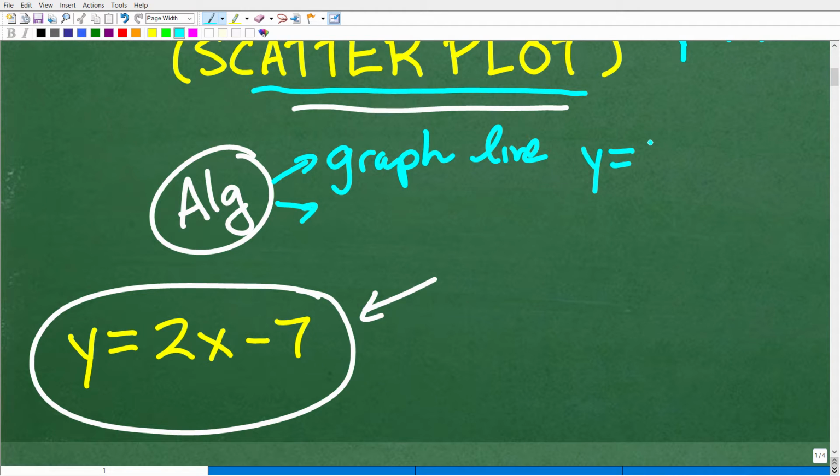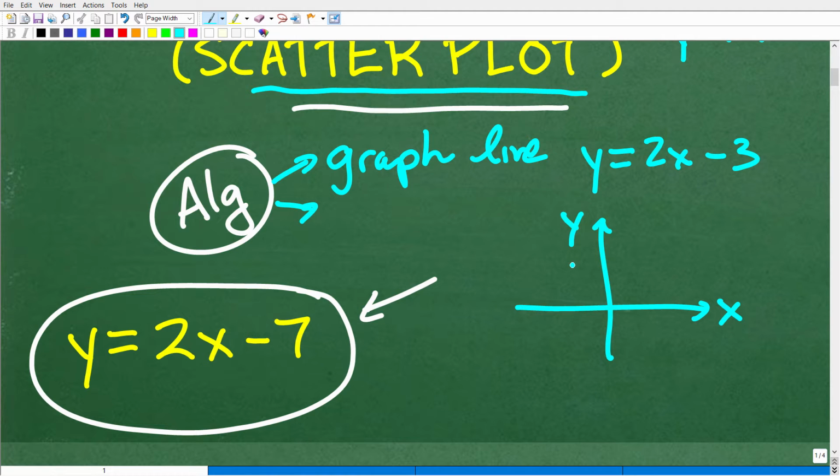So if I give you a line like y equals 2x minus 3, you need to be able to go to an XY axis, maybe on a piece of graph paper, and actually graph that line. So that's a huge skill in algebra. But there's another skill, another huge topic, and that is to find the equation of a line.